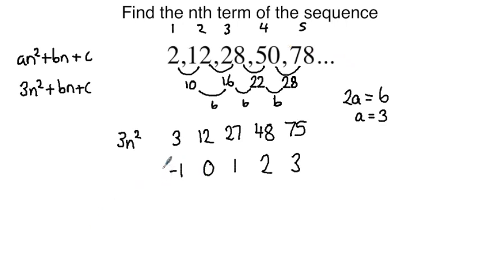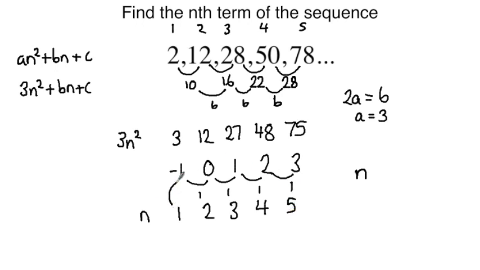So now all I need to do is find the nth term of the bit that's remaining. Well, now I can do what I did with the linear sequence a minute ago, which is that it's going up in ones each time, and that tells me that it's going to be 1n or n. But if I wrote out the sequence n, then I would just have the numbers 1, 2, 3, 4, 5.